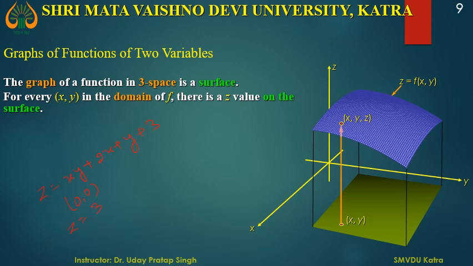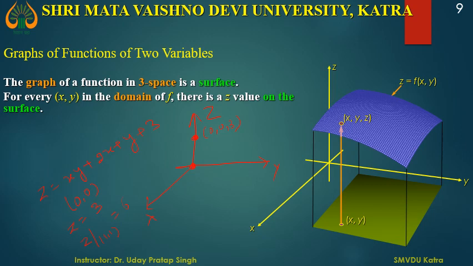Then for 0, 0, on the x-axis, y-axis and z-axis, right? For 0, 0, what is z? Z is 3, meaning this point. This point is 0, 0 and 3, right? And for 1, 1, z at 1, 1 is equal to 1, 2, 1, 3, that is 6.